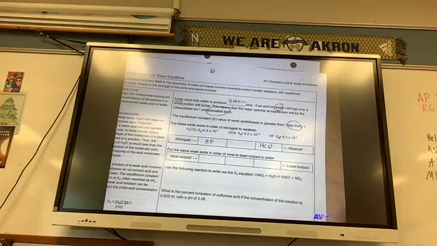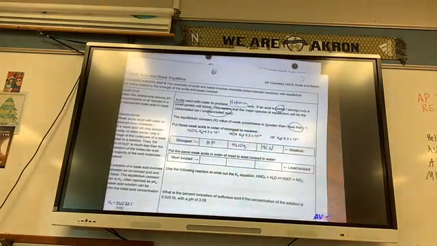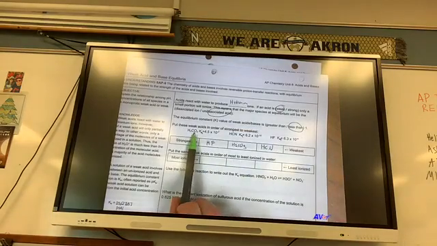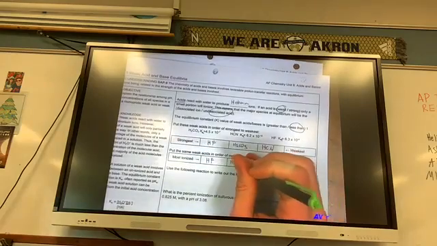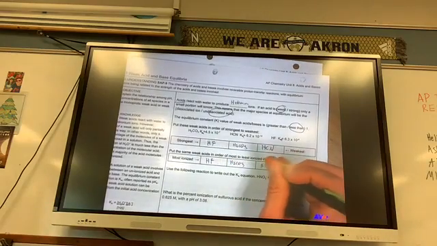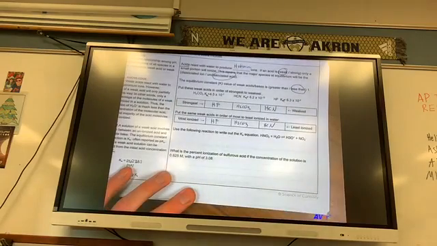And the middle one is going to be H2CO3, carbonic acid, most ionized. So HF, H2CO3, HCN.